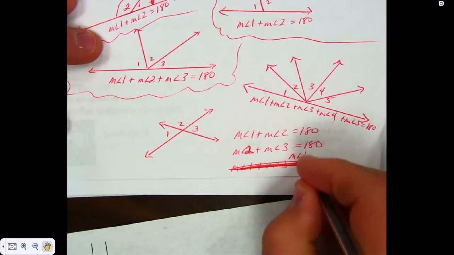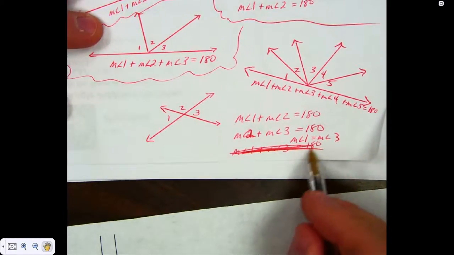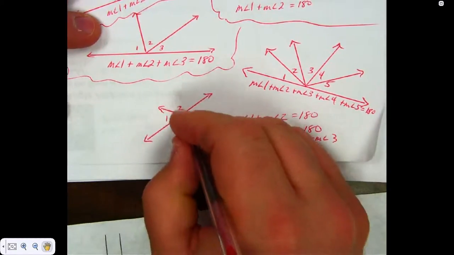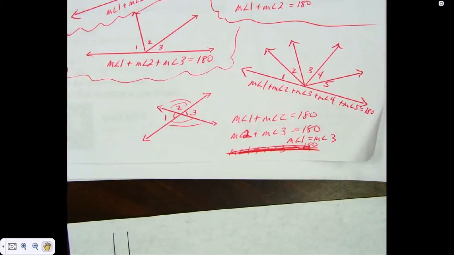The measure of angle 1 is equal to the measure of angle 3. I'm sorry, that was absolutely incorrect. These are called vertical angles. Anytime two lines intersect, the opposite angles are vertical, and they are said to be the same. All those things you need to be able to look at something and see.